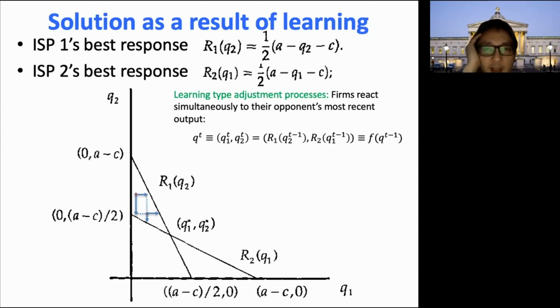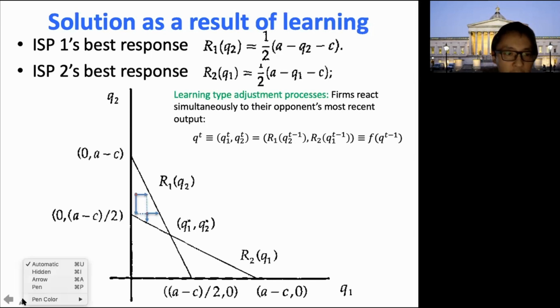During this process, you can adjust their production Q and see what happens. Let's say in the very beginning they started with a random production, Q0, somewhere here. Because they know all the information, they know their best response.